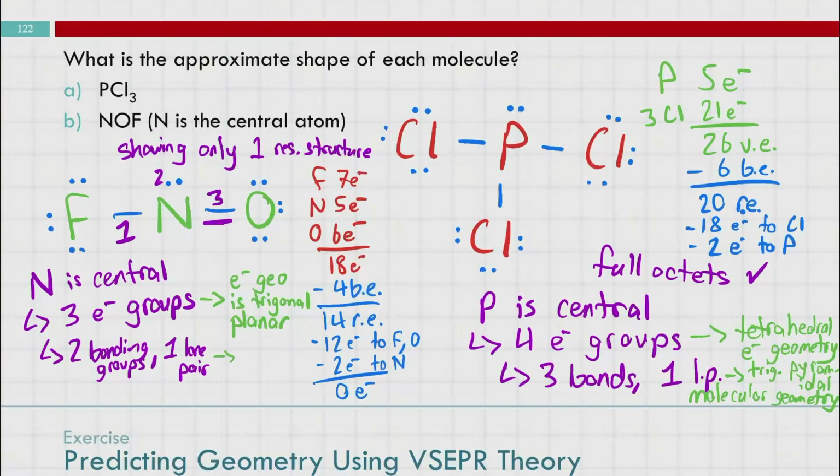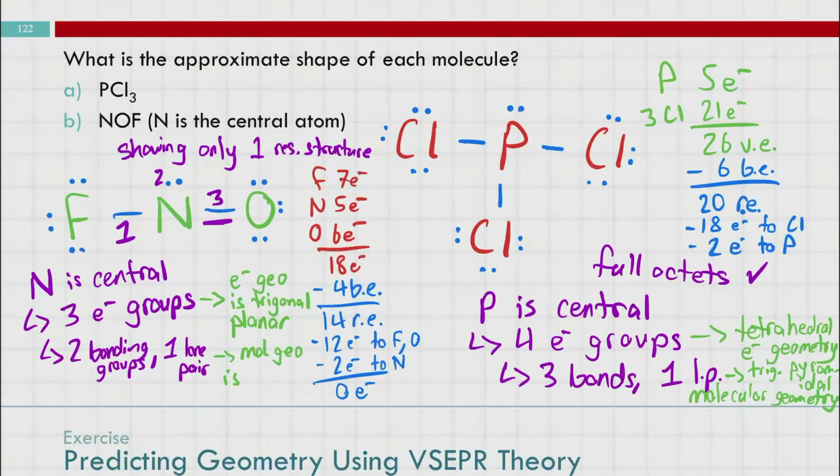And so our molecular geometry is what? We've got 3 groups.